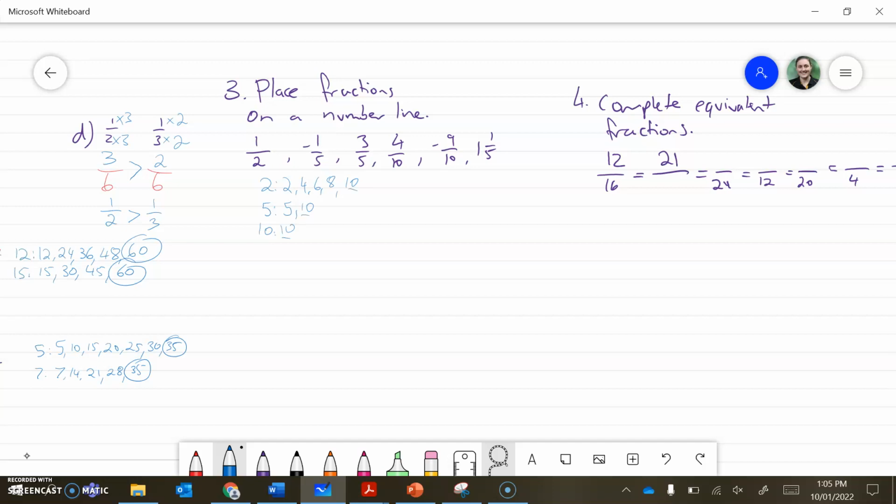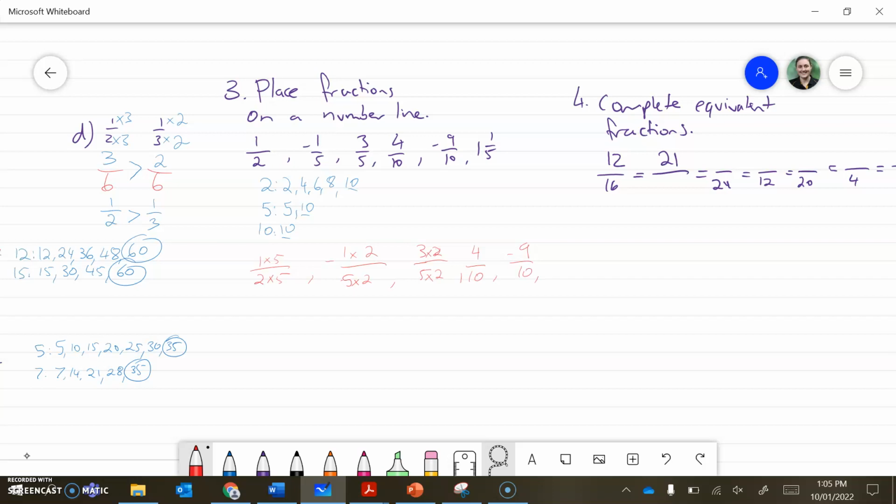So the very first thing I'm going to do is change each of my fractions so that they have a denominator of 10. So our half, you're going to do 1 times 5 over 2 times 5. Negative a fifth, so it'll be 1 times 2 over 5 times 2. 3/5, we will also be multiplying by 2. 4/10 will just stay the same. Negative 9/10 will stay the same.